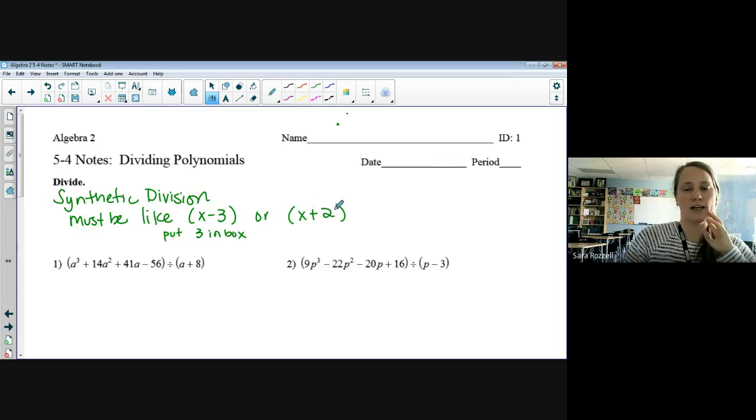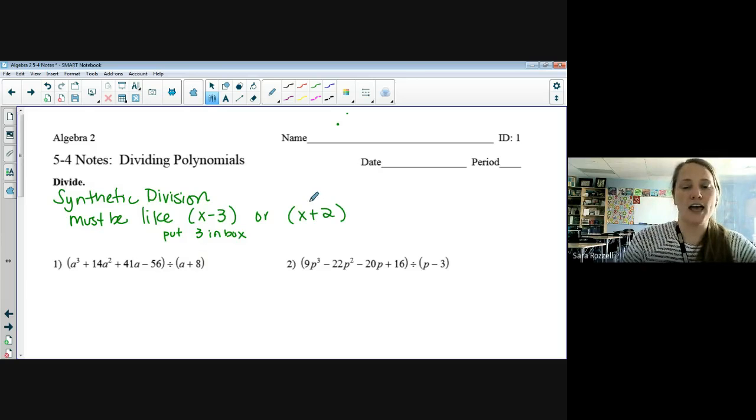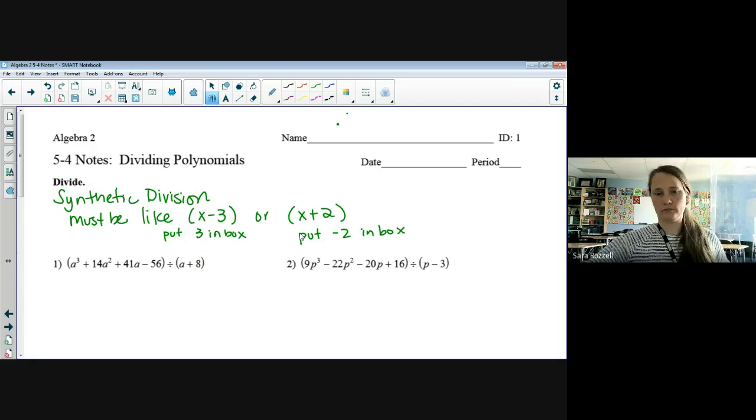If I had x plus 2, what would be the solution? What kind of 2? A minus 2. So if I had x plus 2, I'm going to put minus 2 in our box. And you'll see what the box is in a second.